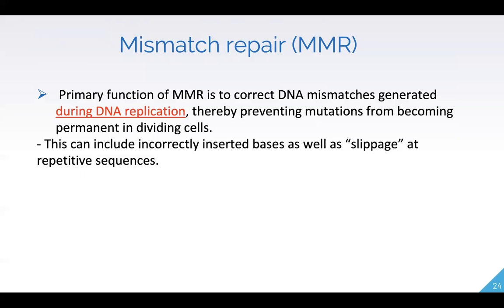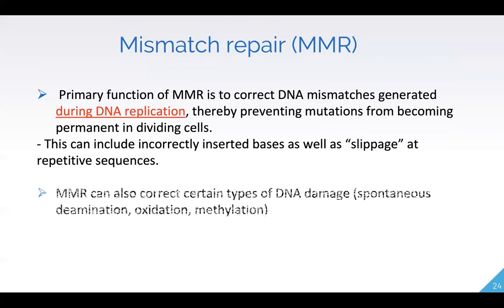Now, one important characteristic of mismatch repair is that it is very specific to repairing mismatches that originate during DNA replication. As I mentioned, DNA replication depends on the activity of DNA polymerases, and these polymerases are not 100% error-proof.